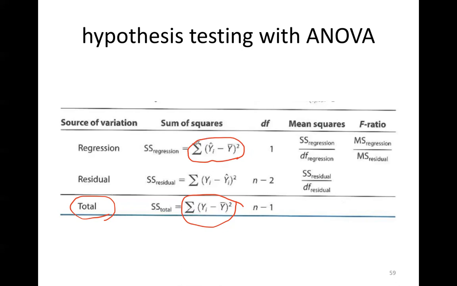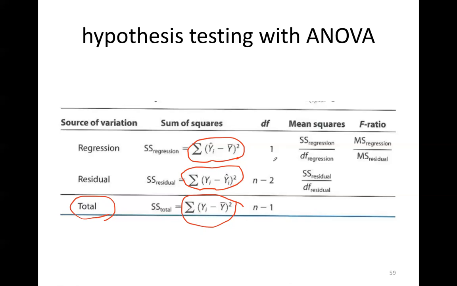In ANOVA, this was the difference between group means. Actually, it's pretty analogous. And this is the part of the sum of squares which can't be explained by the regression line. It's the leftover sum of squares.